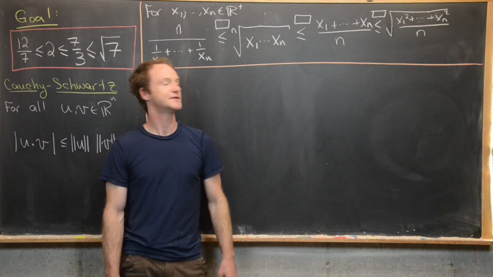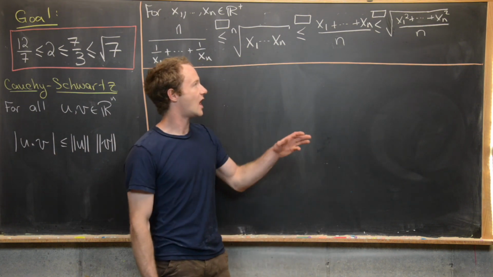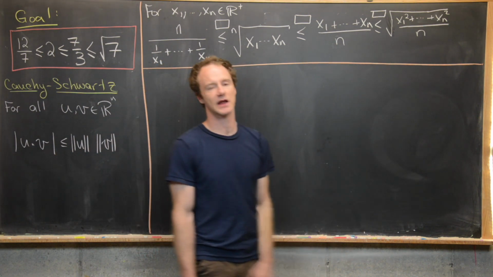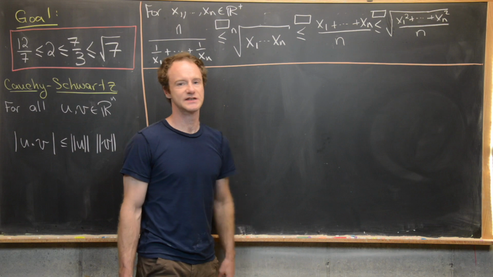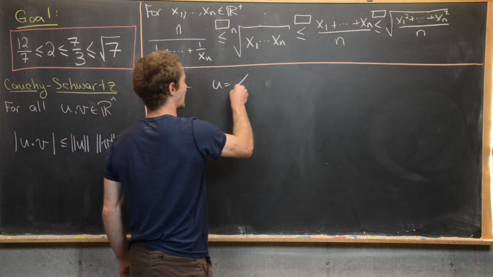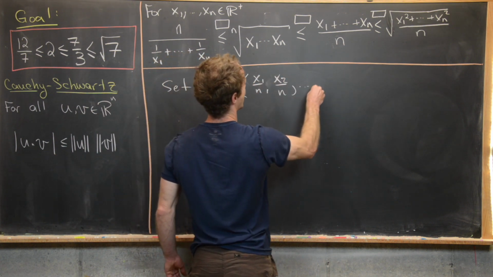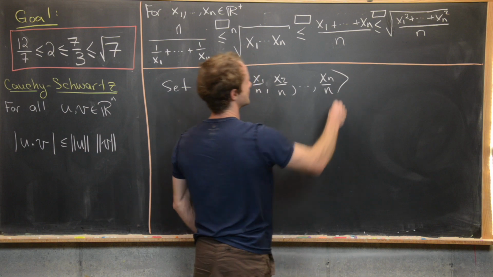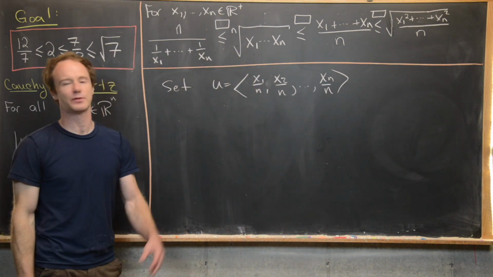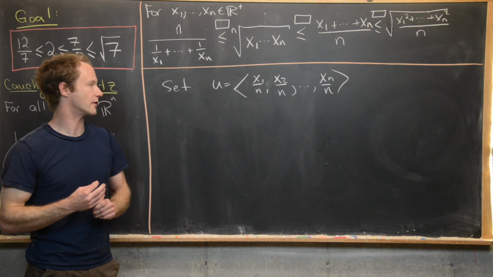So in fact, we can choose vectors u and v carefully so that this Cauchy-Schwarz inequality automatically becomes this arithmetic quadratic mean inequality. So let's go ahead and do that. I'm going to set u equal to the vector x1 over n, x2 over n, all the way up to xn over n. Notice that's just a scalar multiple of the vector x1 up to xn that has been scaled by 1 over n.